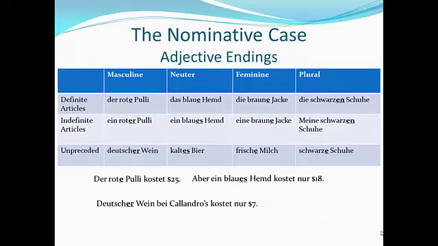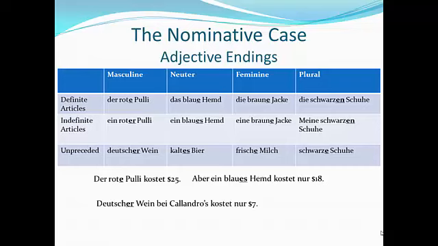Looking at this table, we have a variety of adjectives and nouns, as well as definite, indefinite, and unpreceded adjectives that correspond with them. Let's look at an example of each. Der rote Pulli kostet $25. Notice here we have an adjective ending in the letter E. You probably noticed that this is a masculine noun, der Pulli.